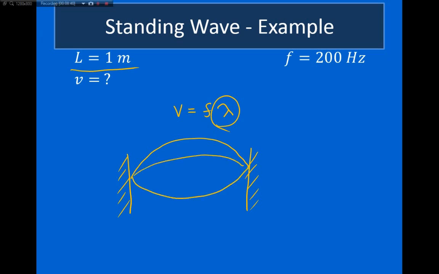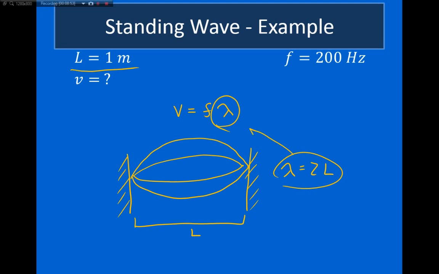So when you have this sort of thing, remember that the wavelength is equal to twice the length of the string. So plugging this formula into here, I see that the velocity is equal to 2 times the frequency times the length of the string. And now plugging all of my knowns into here, this value and this value, I can see that the speed of the wave must equal 400 meters per second.